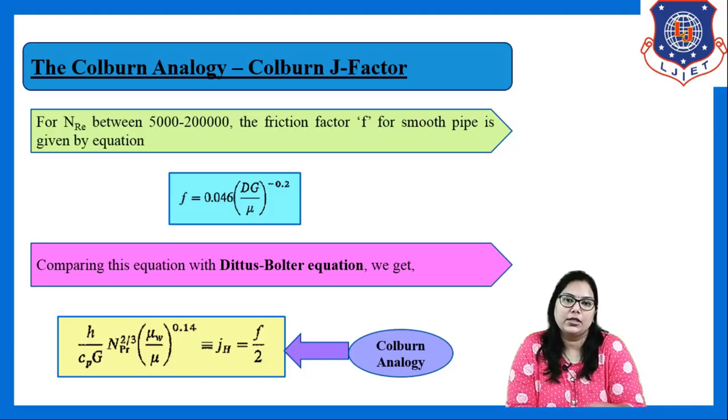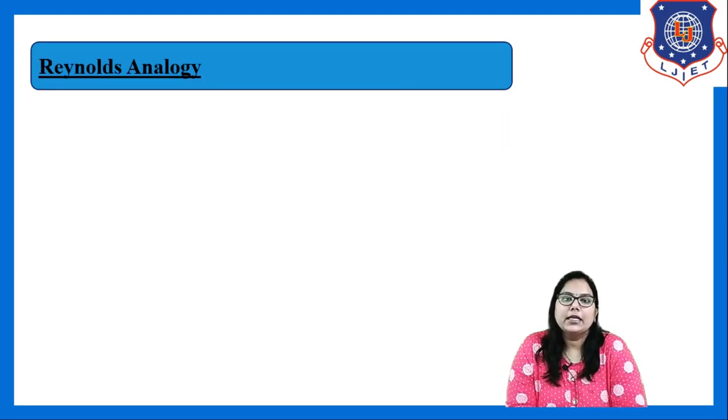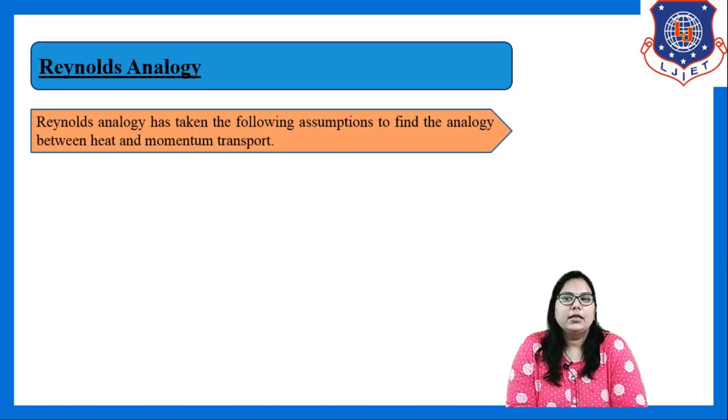Remember this analogy. Let's see another analogy, which is the Reynolds analogy. In Reynolds analogy, some assumptions are taken to find the analogy between heat and momentum transport. As I have already told you, analogy is nothing but the similarity between two transport processes.